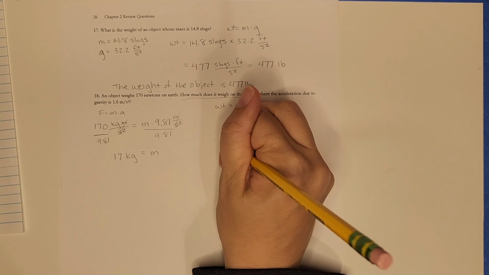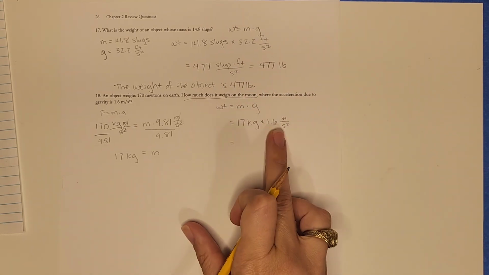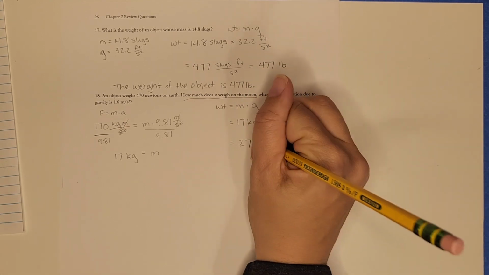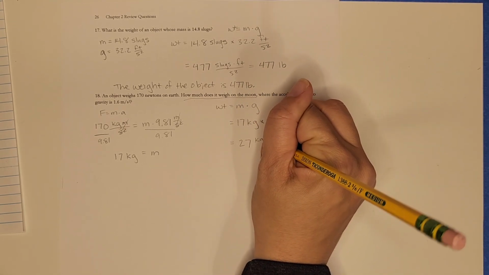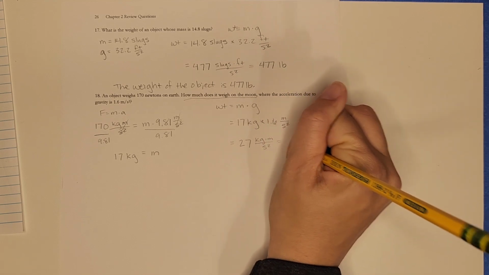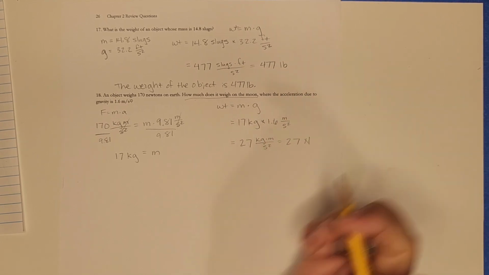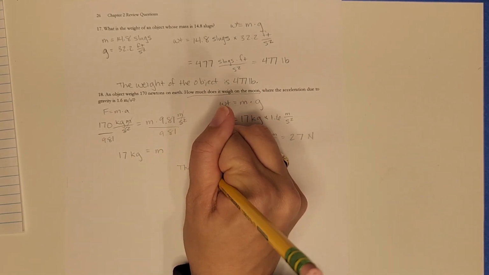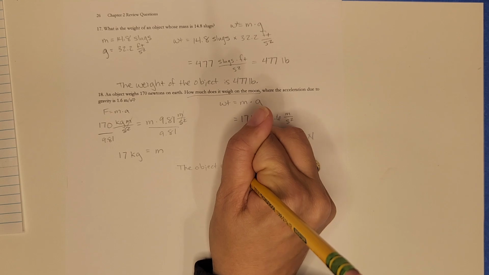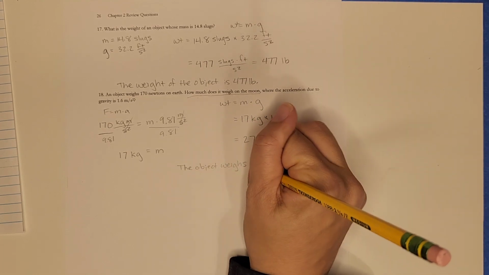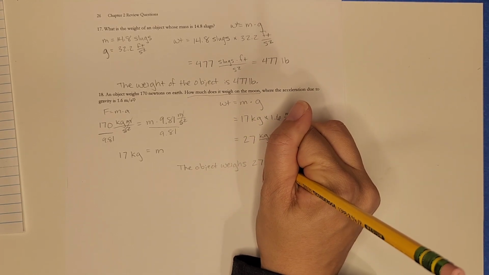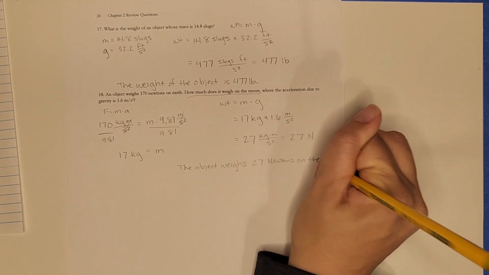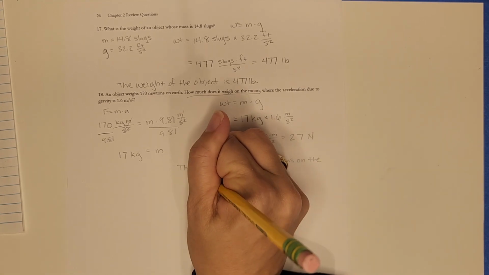Once we multiply that, we're going to have two significant figures in our answer, and you have 27 kilograms times meters per second squared. That equals newtons, right? So the object weighs 27 newtons on the moon.